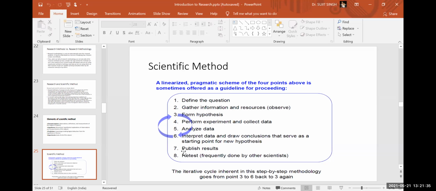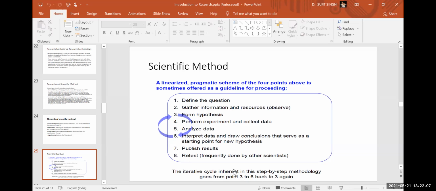Once this is done, then you have to only publish the result, in the form of a research paper, journal paper, or in the form of your thesis. Your research finally is going to end here. That is the publication of result. And sometimes to validate that one, some other people are going to set the same environment, same kind of experiment, and they can retest. Okay.